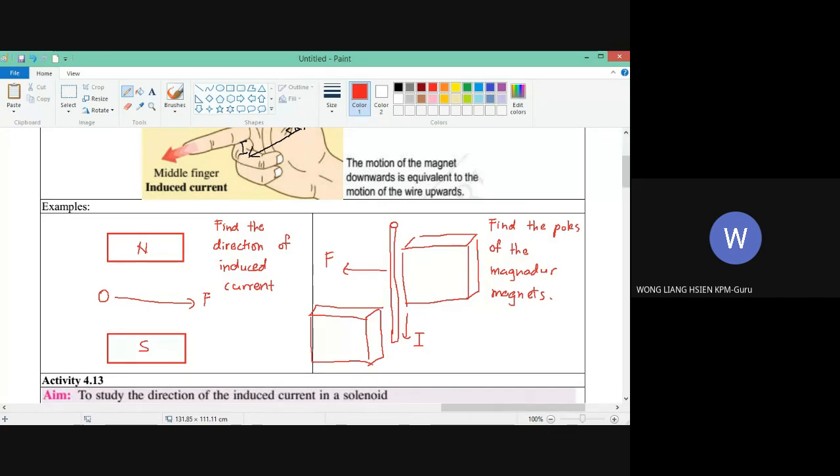Okay, anybody can tell me this one, the first one, the direction of induced current. Is it out of the paper or going into the paper?